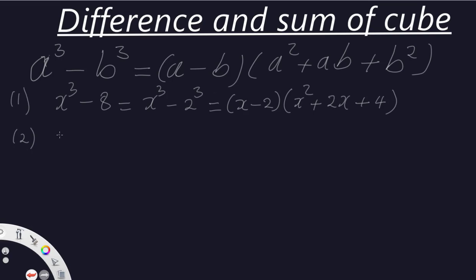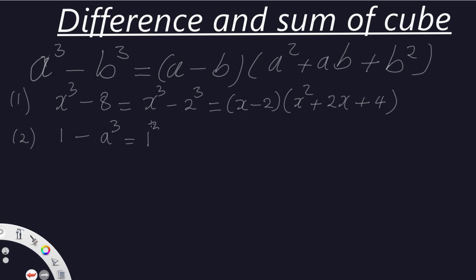Then you can also have something like this, 1, for example, minus a cube. So remember, 1 to the exponent of any number, except 0 or a negative exponent, will be 1. Okay, 1 exponent 2 is 1, 1 exponent 3 is 1. So we need 1 to have exponent 3.